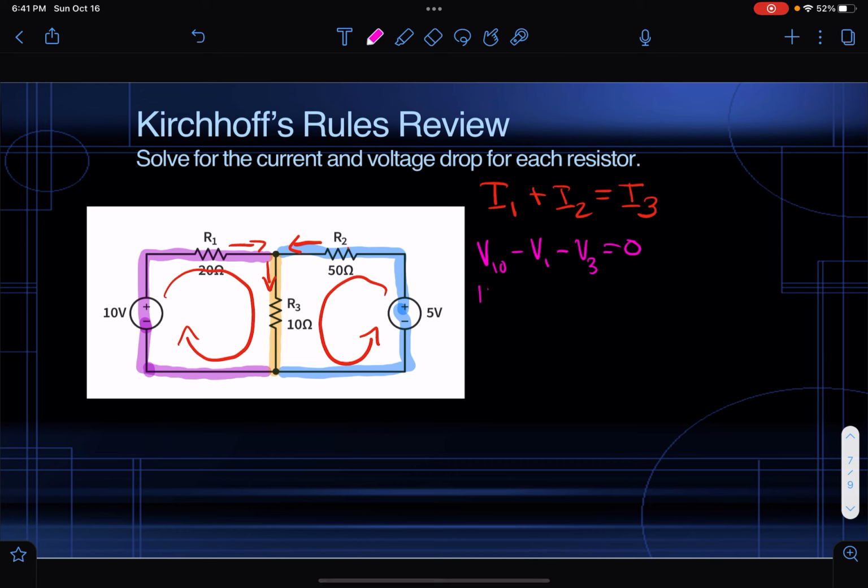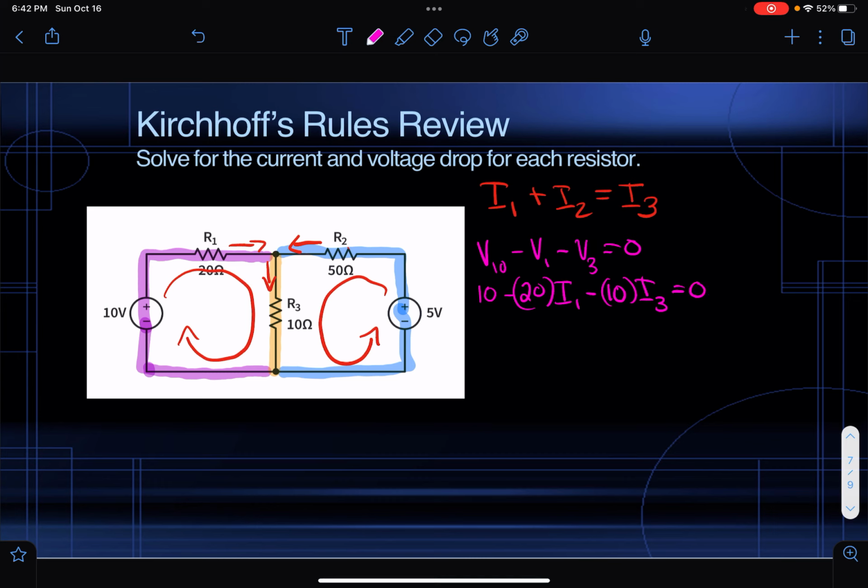So I'm going to have 10 minus my V1, which is also I1 times R1, and my R1 is 20, so I'm going to do 20 I1 minus 10 I3 is equal to 0.